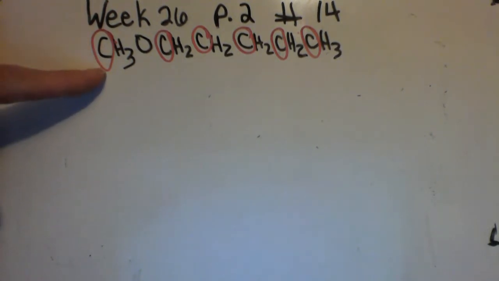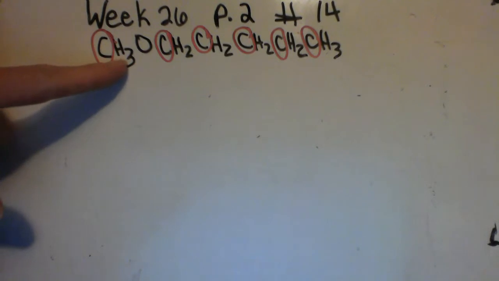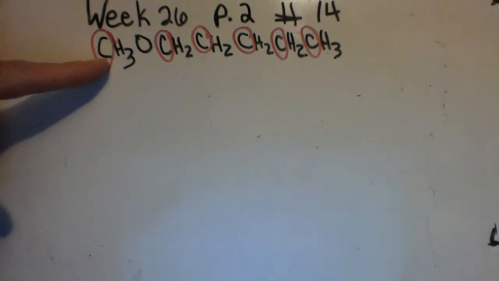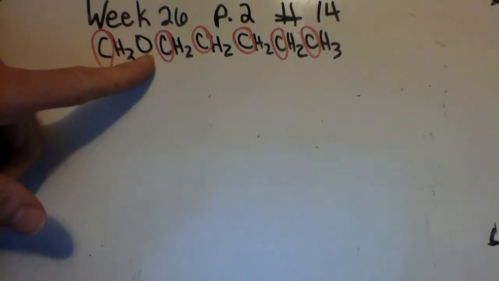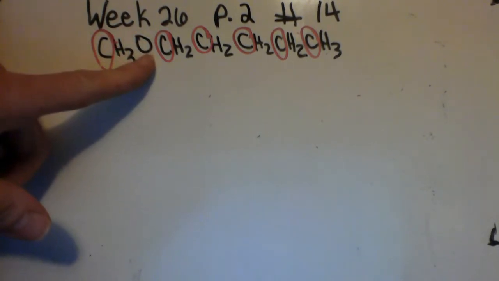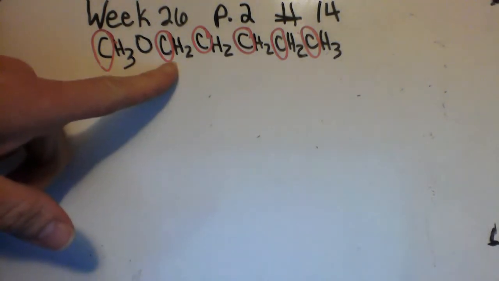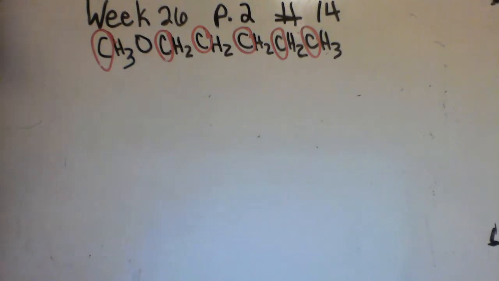And if I see here, carbon has 3 hydrogens around it, and then it can be bonded to one other thing, which would be the oxygen. It cannot be bonded to this carbon because it would then have 5 bonds, and that wouldn't work.